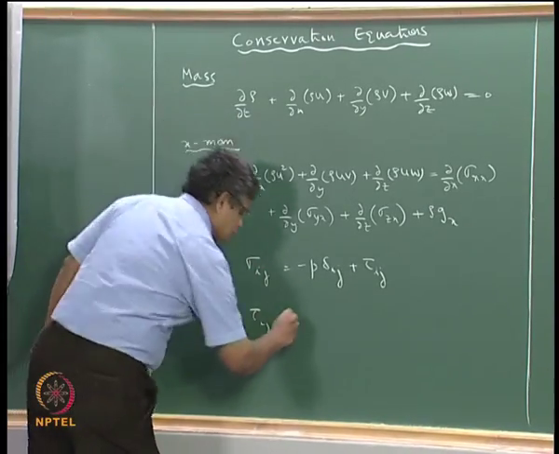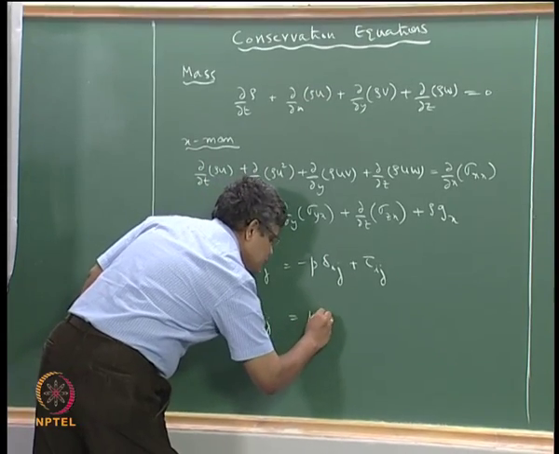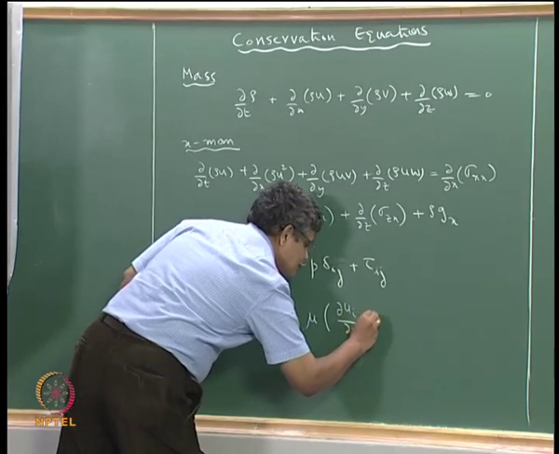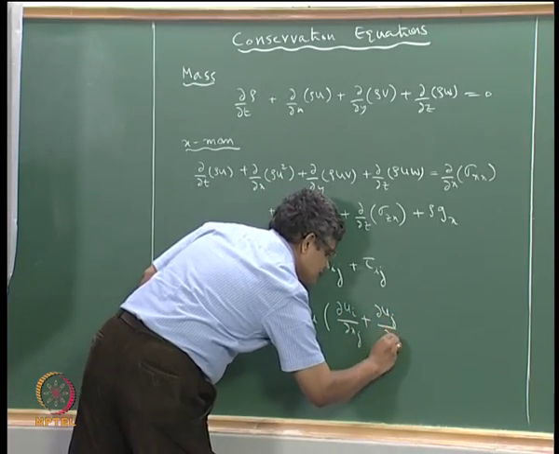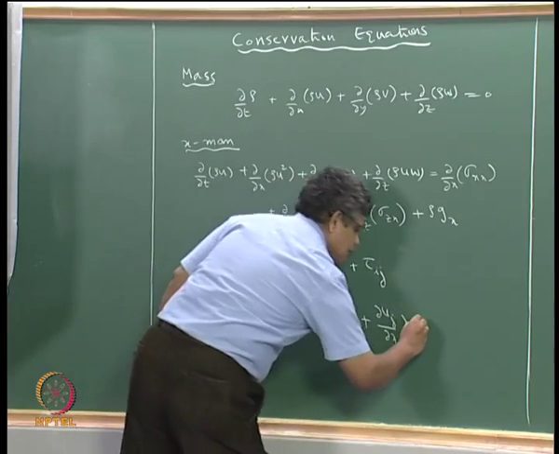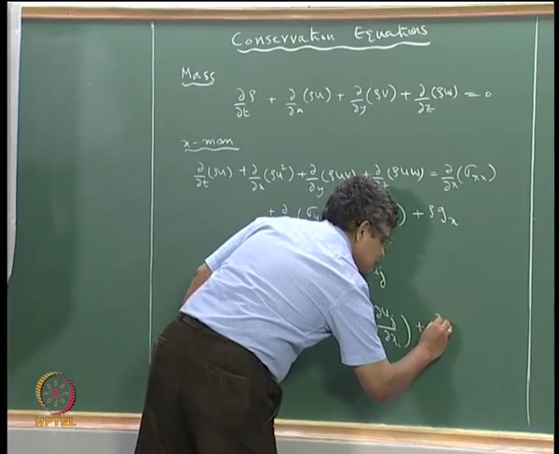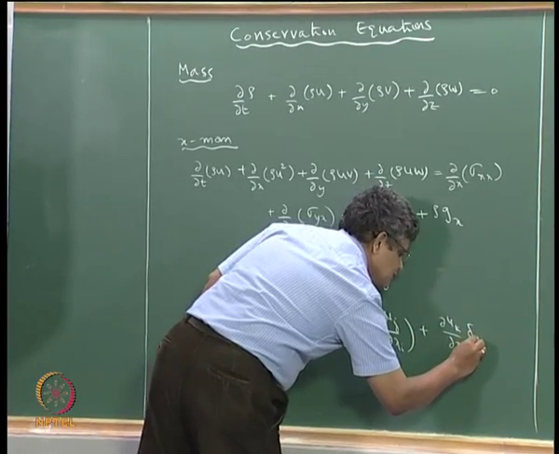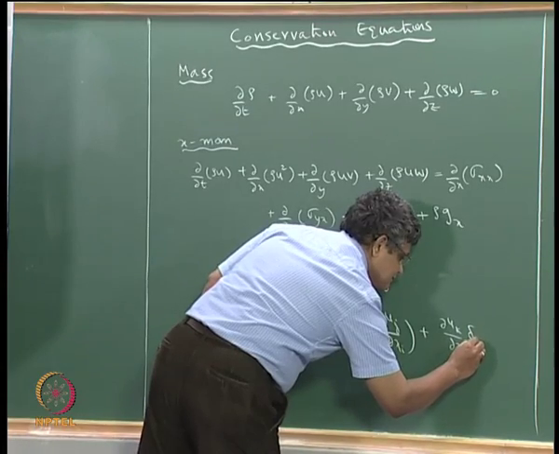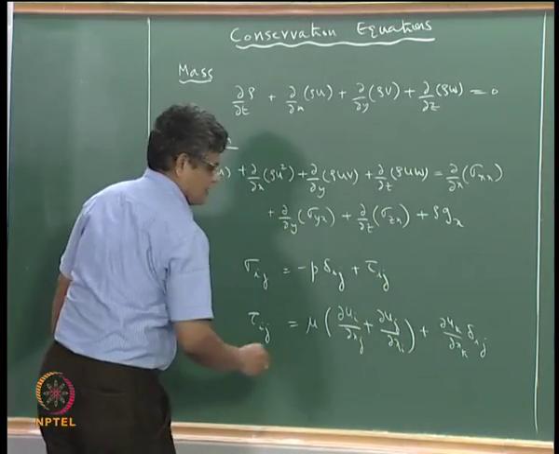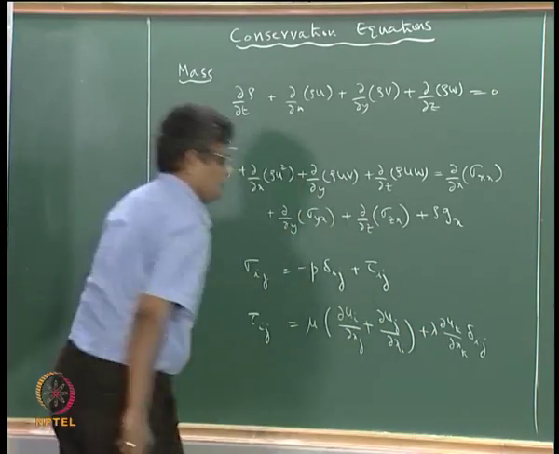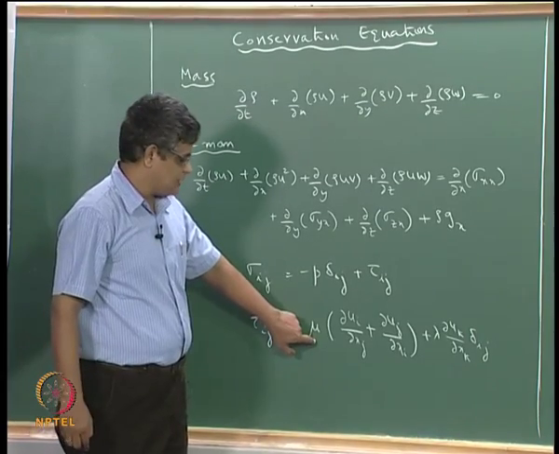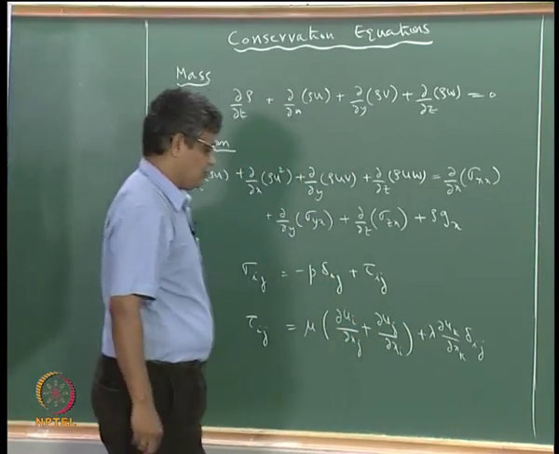And we saw that we could write this as mu times (dui by dxj plus duj by dxi) plus lambda times duk by dxk times delta ij, where mu is the conventional dynamic viscosity that we have and lambda is the second coefficient of viscosity.